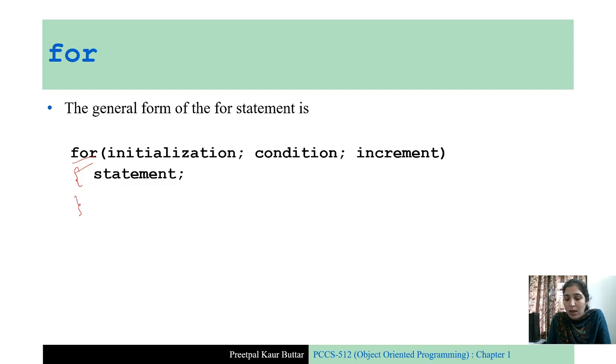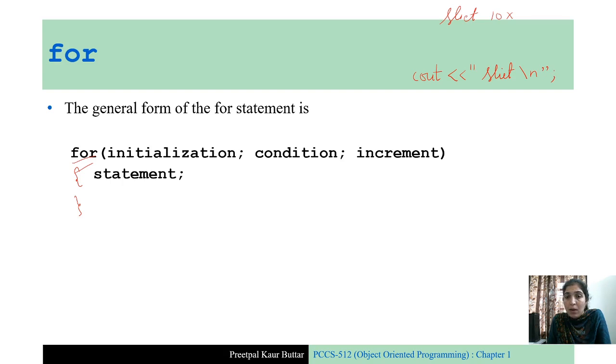Okay, so let us suppose that you want to print slide 10 times. Okay, so which is the statement you want to repeat? You want to repeat cout slide. Okay, and I put a backslash n so that slide is printed in a new line every time.